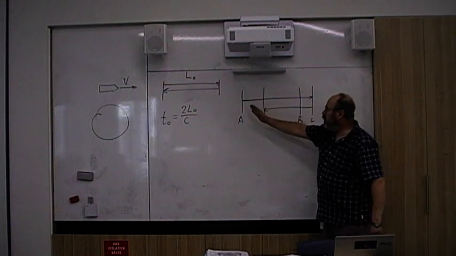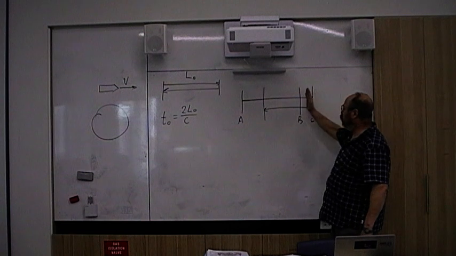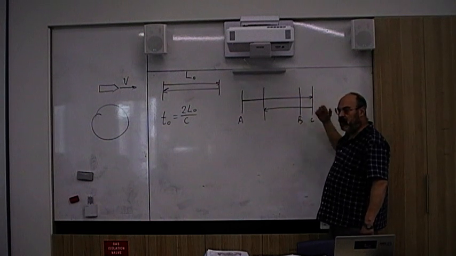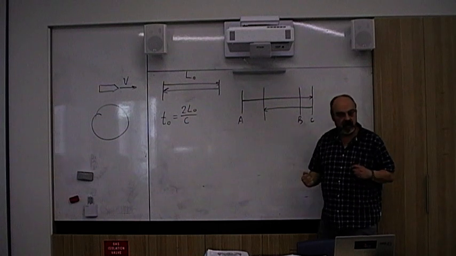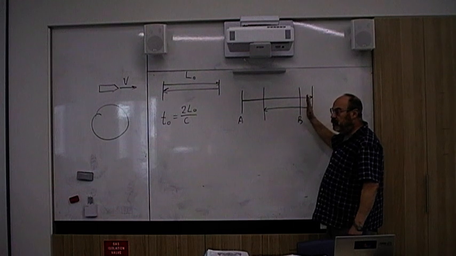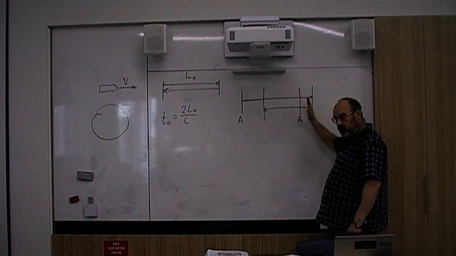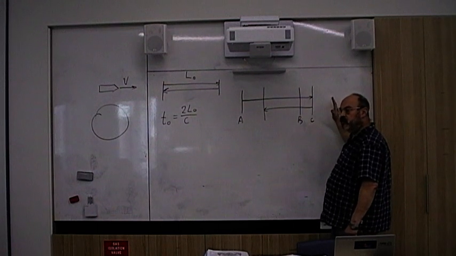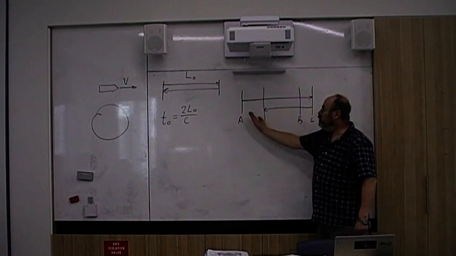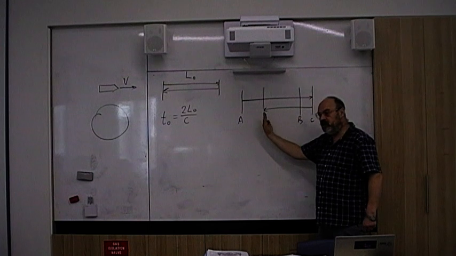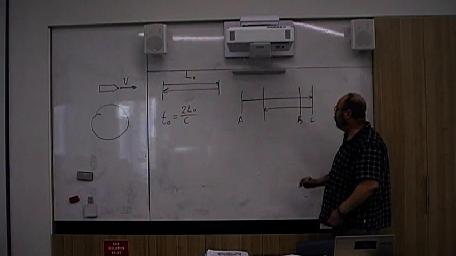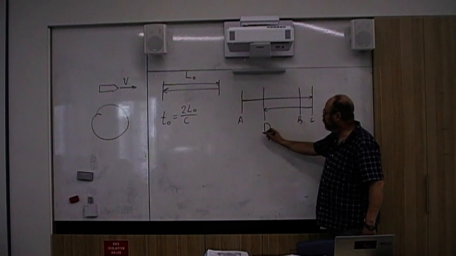So when it goes from the left mirror to the right mirror, it will travel longer than the length of the clock, because by the time light comes to this mirror, it has moved away. So the distance is long. Then when it bounces back, this mirror is moving this way, so this distance will be short. And let's say this is D.